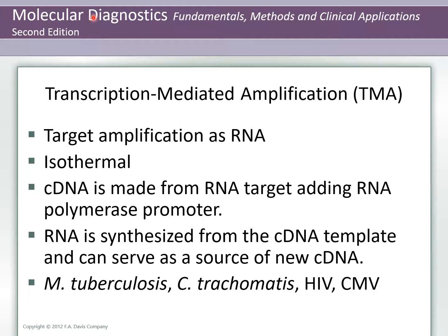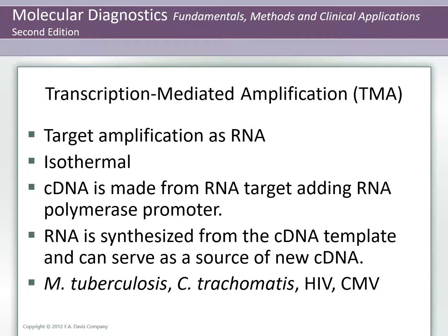Another advantage is that it targets RNA, allowing for direct detection of RNA viruses, and can also target RNA of organisms with DNA genomes, which is more sensitive than DNA. This is advantageous when detecting RNA from bacteria that have multiple copies of RNA, but only one copy of DNA.